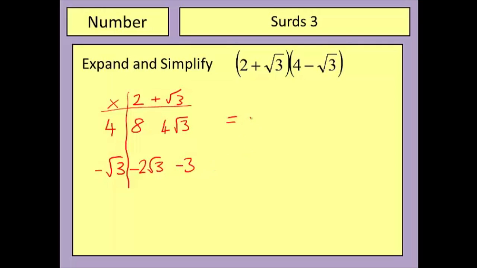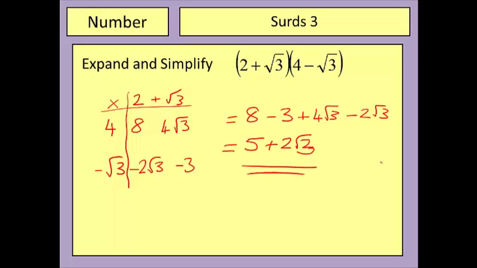When we write down all of the terms that we get from the expansion, I've got 8, a minus 3, a plus 4 root 3, and a minus 2 root 3. So that's those two brackets expanded. Now I need to simplify them. 8 minus 3 is 5, and 4 root 3's take away 2 root 3's leaves me with just 2 root 3's as my final answer.